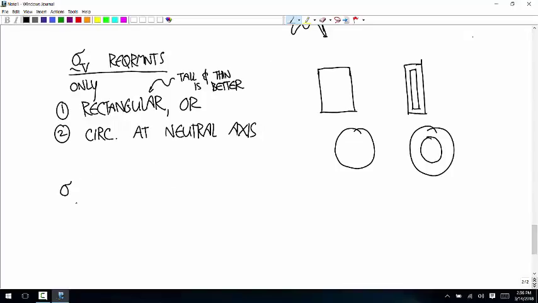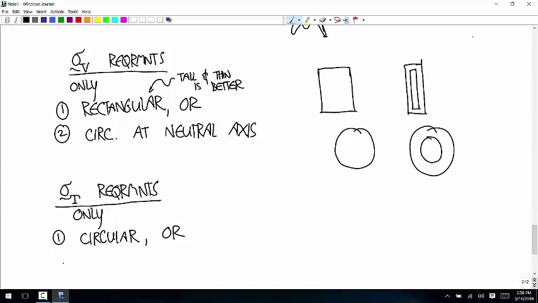And then the last one is the stress due to torque. What are the requirements there? Circle? Yeah. So yeah, we can do this.